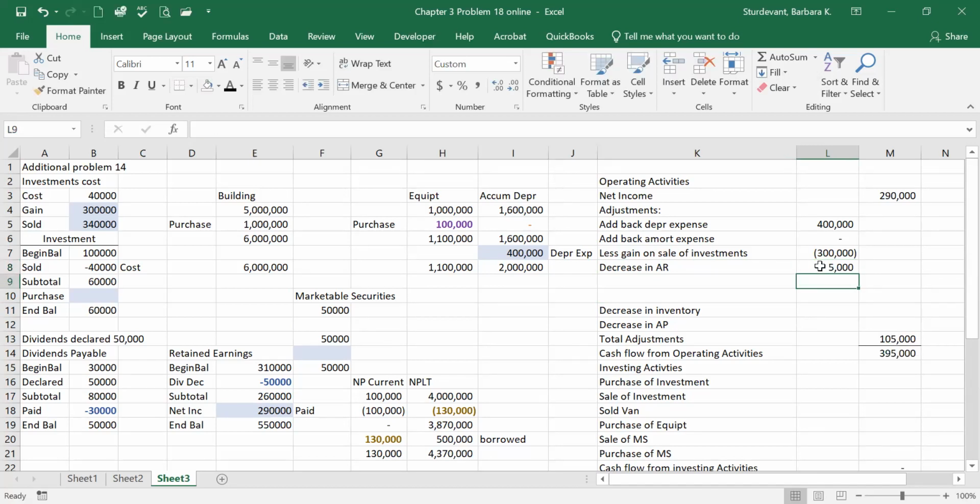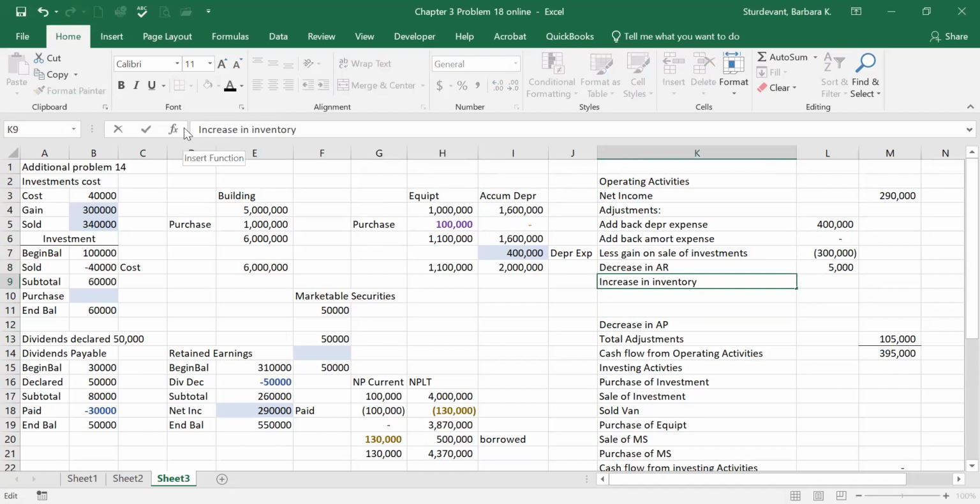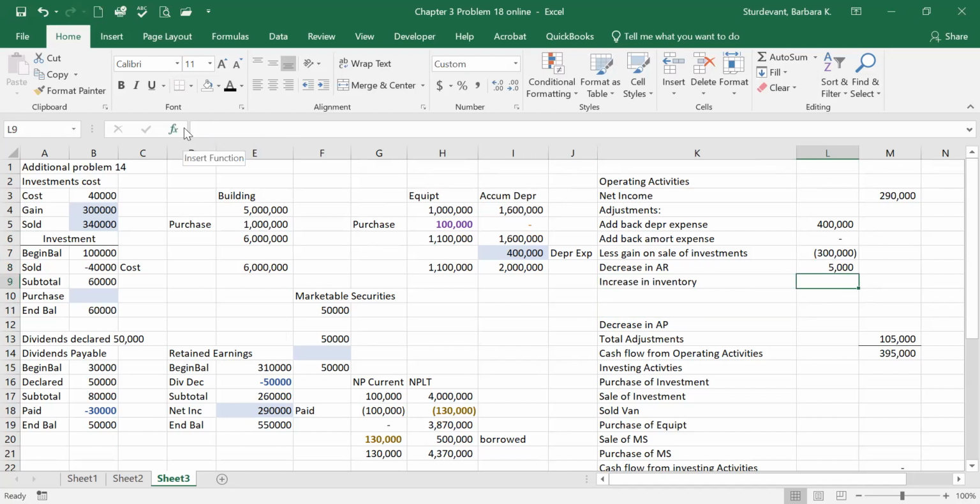Okay. All right, what about inventory? Inventory went up by $5,000. And so what does that do to cash flow? It makes it go down by 5,000. Okay. Let's go to our current liabilities.